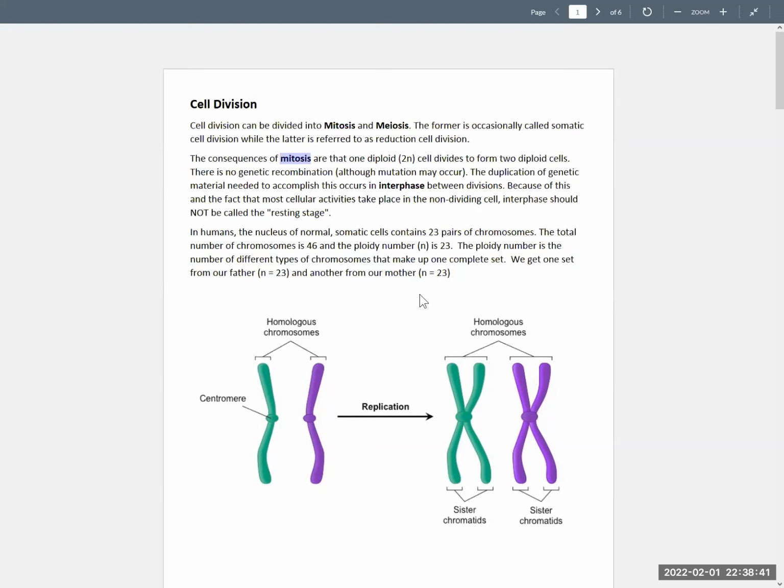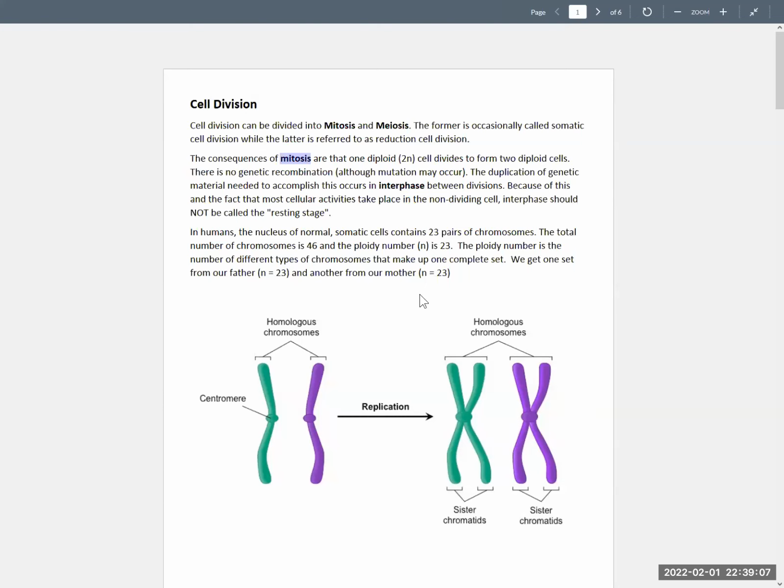That's a set. And the mother contributed 23 chromosomes. That's a set. The total number of chromosomes you have, or should have, unless you have a mutation, is 46. And the ploidy number is 23.